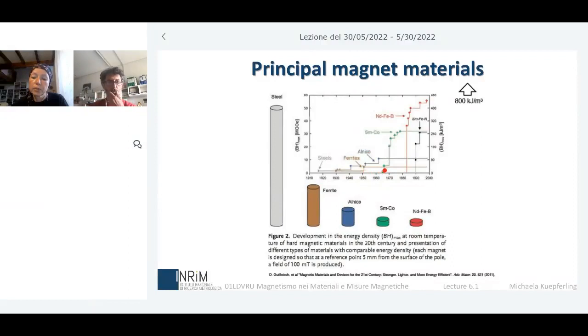Then there were a lot of studies on these ferrites. So this was the first really important hard magnetic material that was developed. And this started to be really important in the 50s, 60s. Then came some iron cobalt materials. And then in the 90s, we finally have the neodymium iron boron materials.